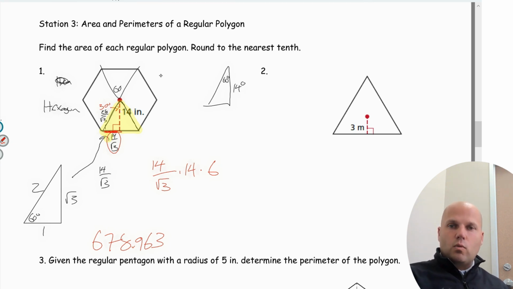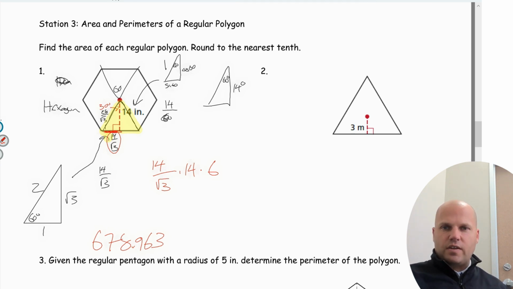If you were my student, you probably would have done that this is the sine of 60, this is the cosine of 60, and this is 1, which means you would have scaled this by doing 14 divided by the cosine of 60, which means this length here would be 14 over cos 60 times sine of 60.